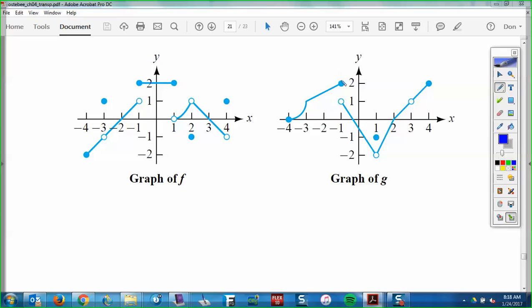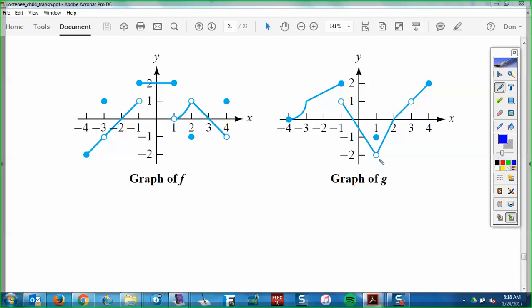Is there a max? Yeah, 2. Is there a min? No, there's not a min here because it could be -1.9. Oh wait, -1.99. Oh wait, -1.999. Oh wait, -1.9999. No matter what, I can always go a little lower, a little lower, a little lower. There's no min value. So that's what you would have to explain.